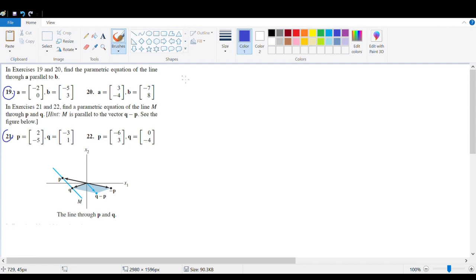We know that the parametric equation of the line through a parallel to b should be in the form a + tb, where t is a scalar, or where t is in R. So now we have this one, so x = (x1, x2), because we have only two components. So x1 = -2 - 5t, and x2 = 0 + 3t.